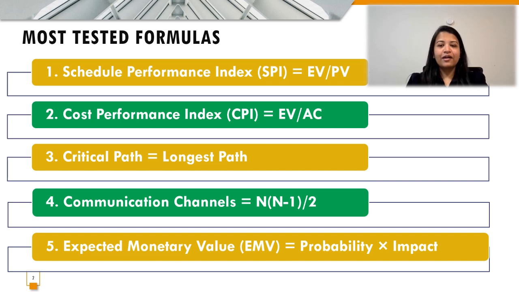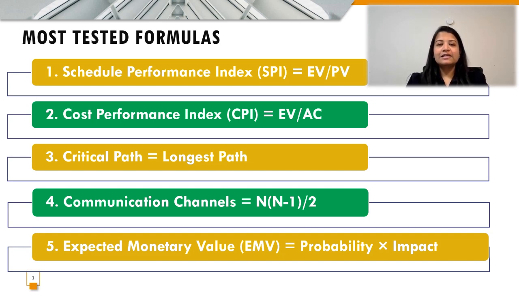Let us first get started on understanding the schedule performance index, which is also called SPI. The formula for SPI is EV by PV, which is nothing but earned value divided by planned value. Second is cost performance index, which is CPI, which is EV by AC, again earned value by actual cost. The third is the critical path, or also called the longest path, in order to complete all the tasks for a particular project.